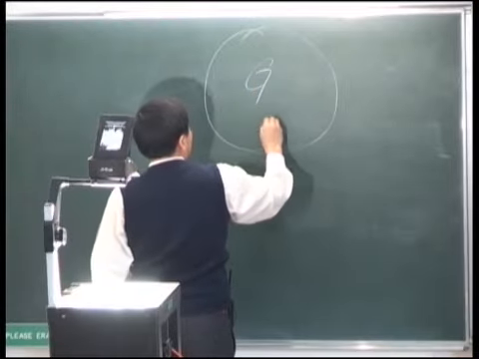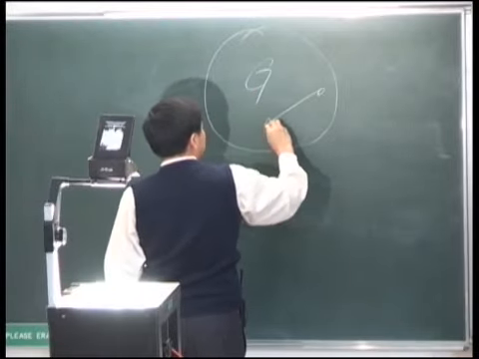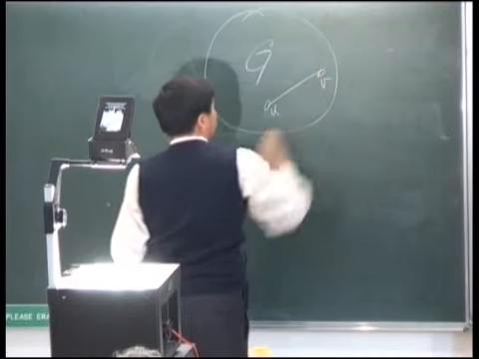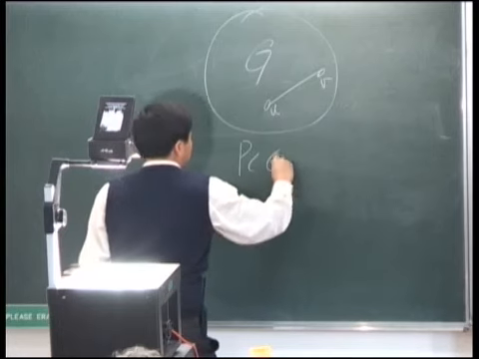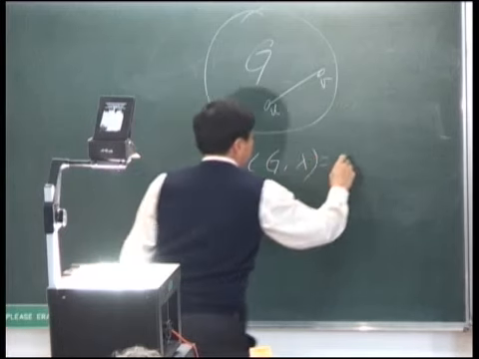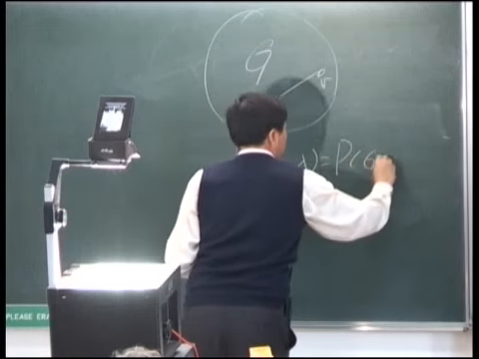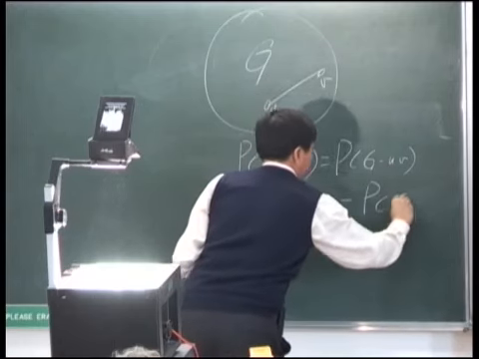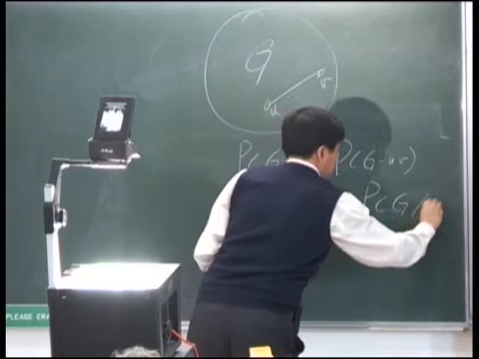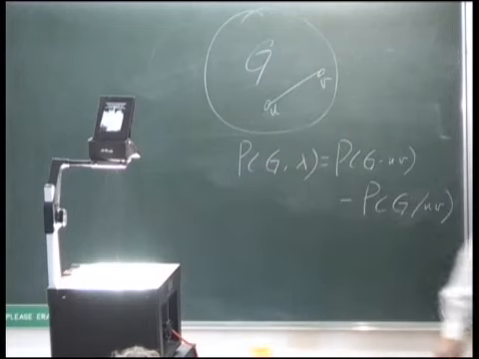Now G is a graph, and UV is an edge. The chromatic polynomial of G is equal to P(G minus UV) minus the chromatic polynomial after you contract UV.